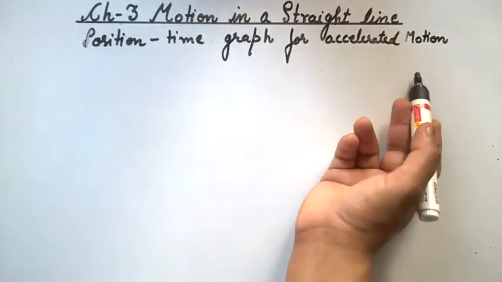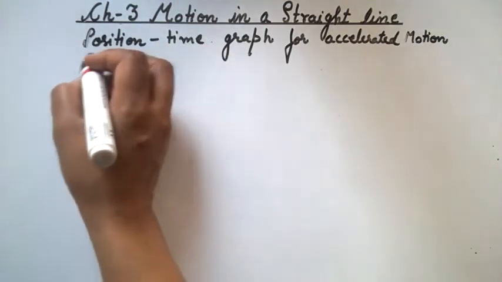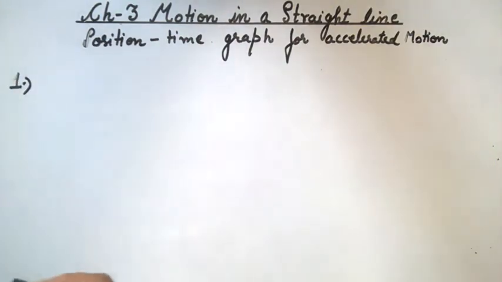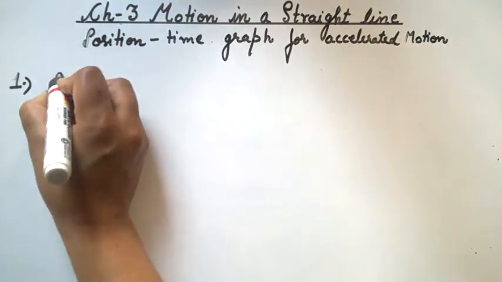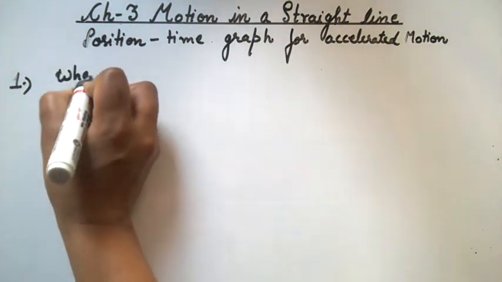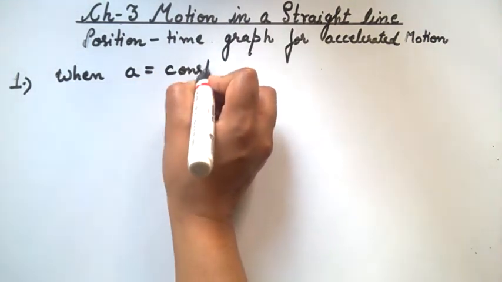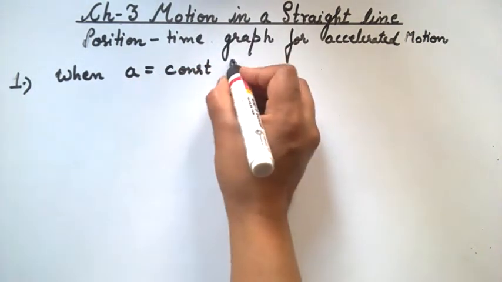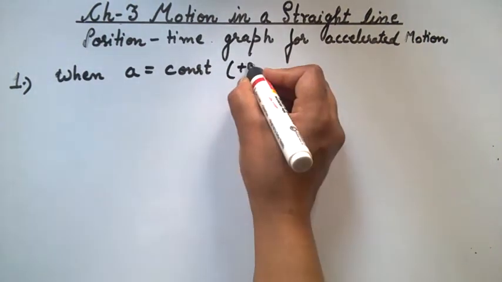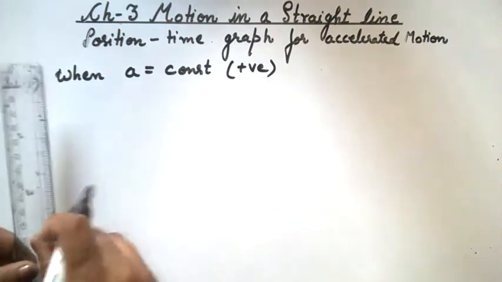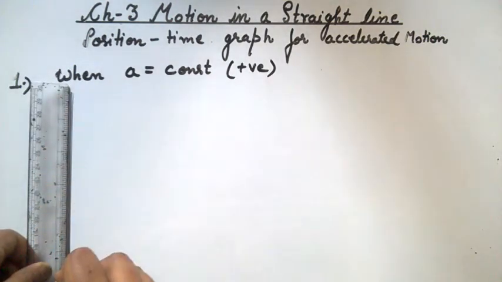Now the position-time graphs for accelerated motion. First graph is when the object is moving with uniform acceleration, that is, when a is constant or positive, and let it have some initial velocity.